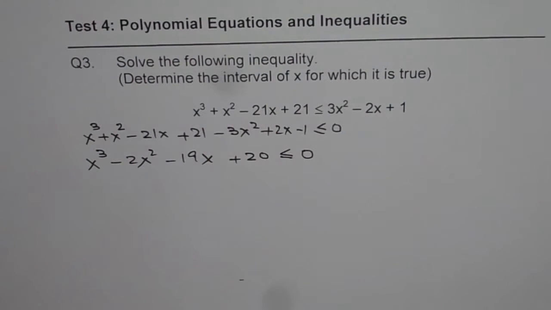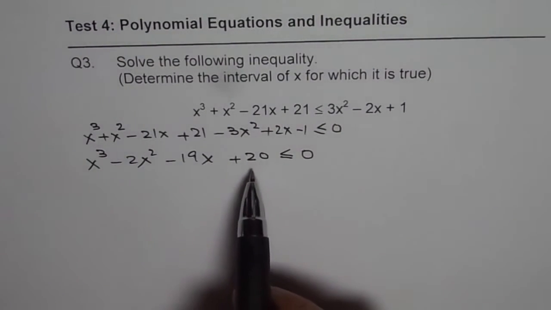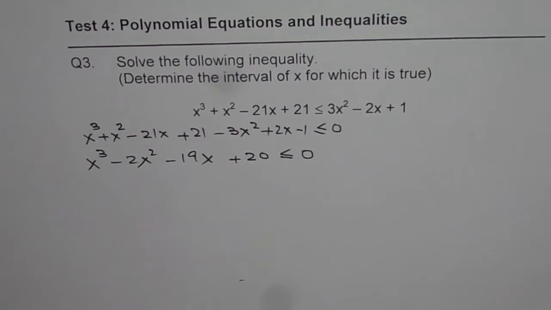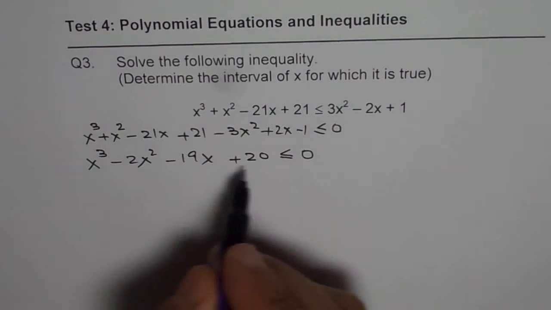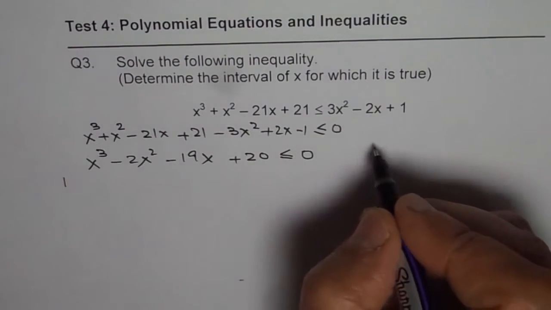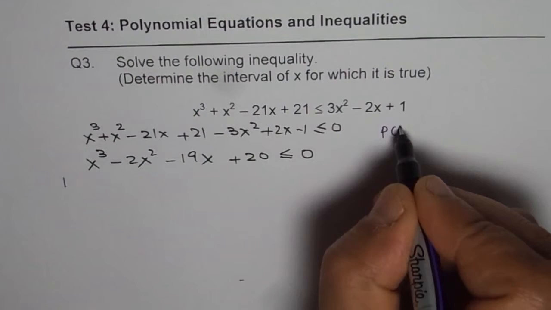Now to find the factors of this, we have to try the factors of 20. The factors of 20 are plus or minus 1, plus or minus 2, plus or minus 4, and so on. Let's try 1 for this polynomial. What do we get as p of 1?